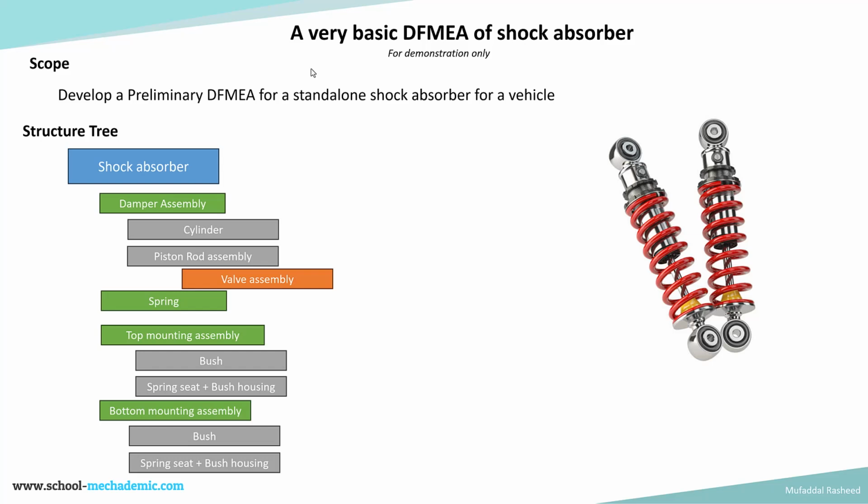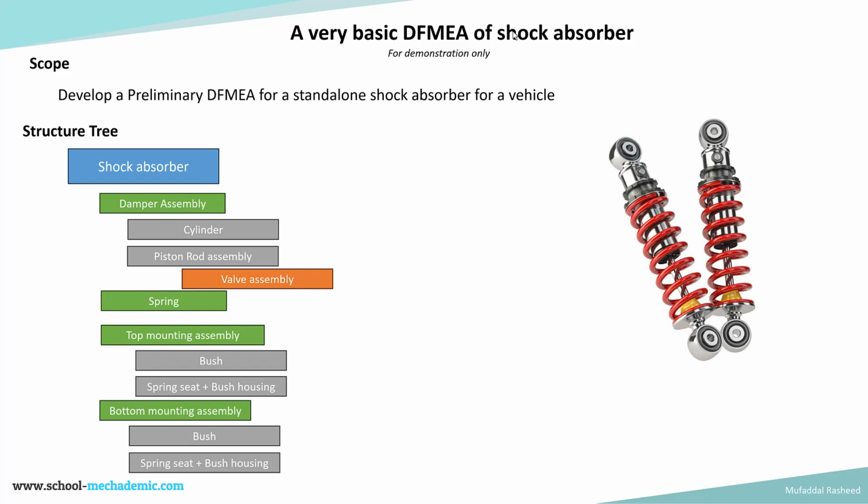The first step is to understand the system. In order to understand the system, you need to understand what are the parts of the system. Hence, the first step is to understand the structure, which is called the structure tree. So the shock absorber consists of the damper assembly, the spring, the top mount assembly and the bottom mount assembly.